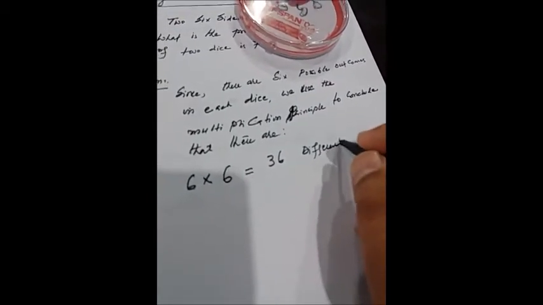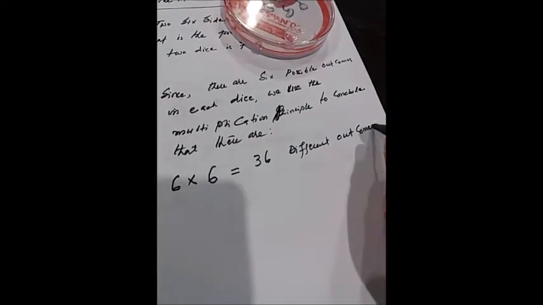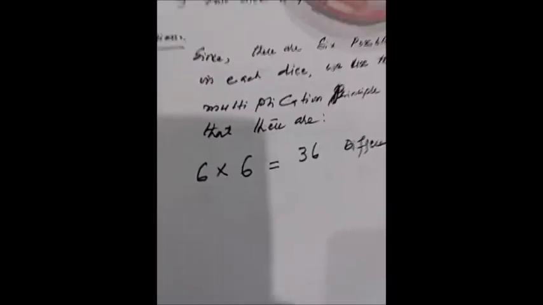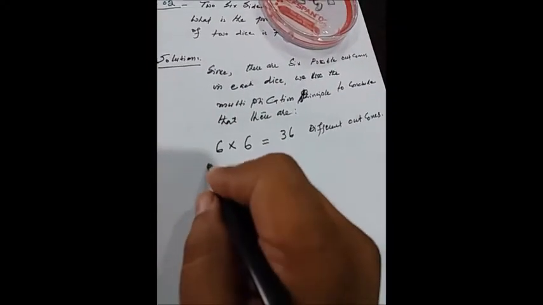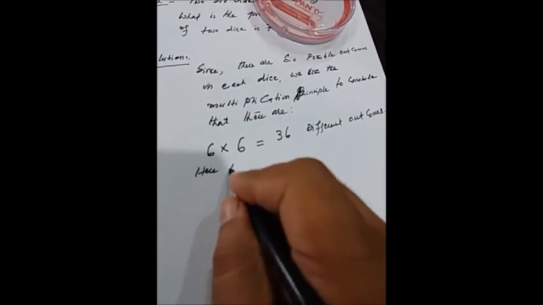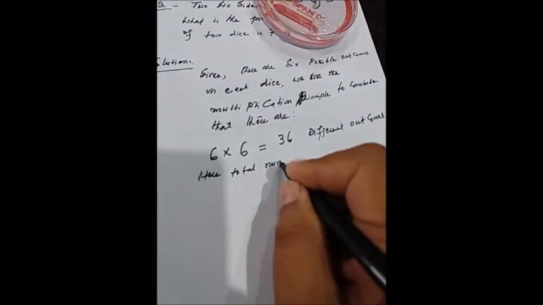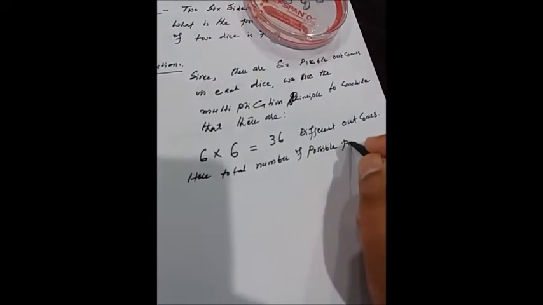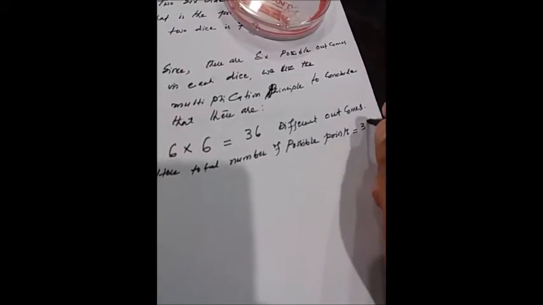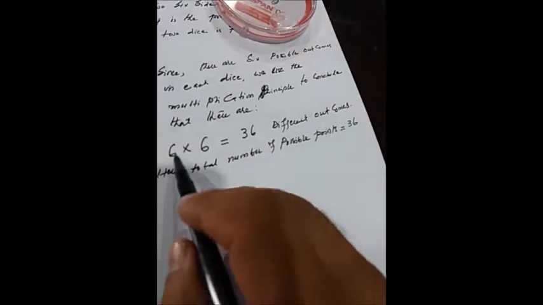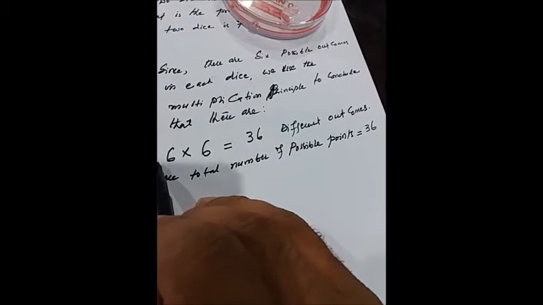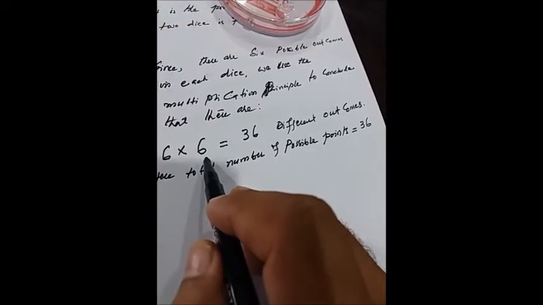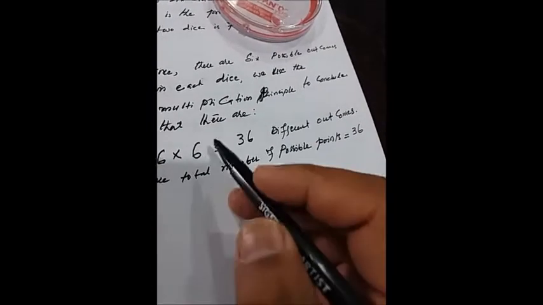36 different outcomes. So here the total number of possible points is 36, because one die contains 6 possible outcomes, which means 6 points in the sample space of the first die, and the second die also contains 6 possible outcomes, which means 6 points in the sample space of the second die.